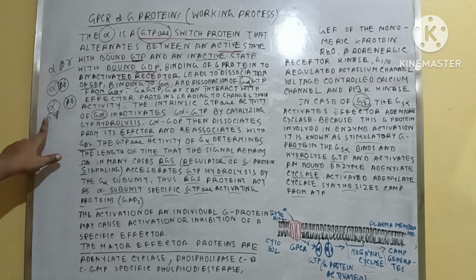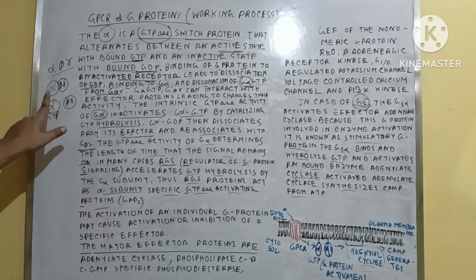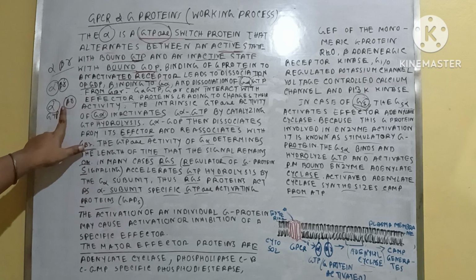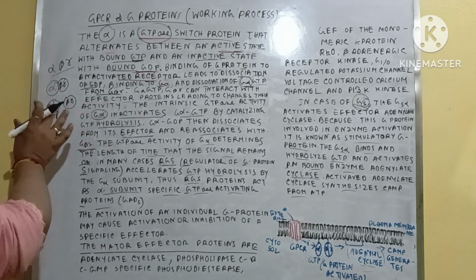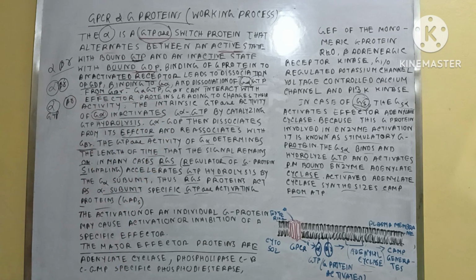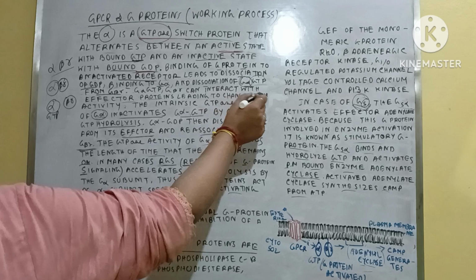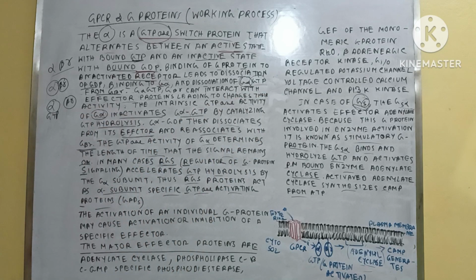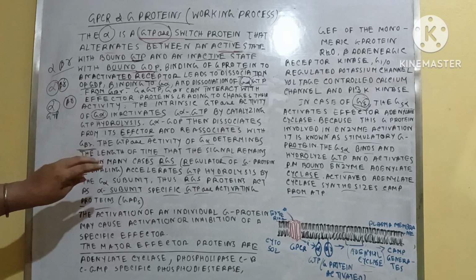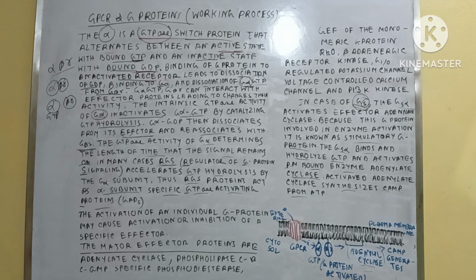When GTP is bound to alpha, it is separated from beta gamma. Clear? And the two activate the effector proteins, and these effector proteins lead to changes in their activity. So here the actual role of this is changing the activity of the effector molecules.